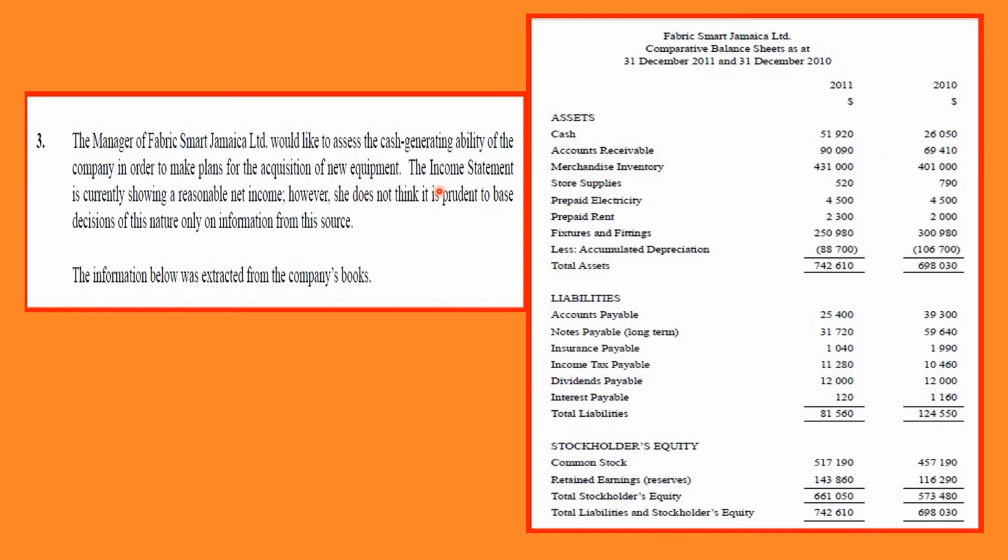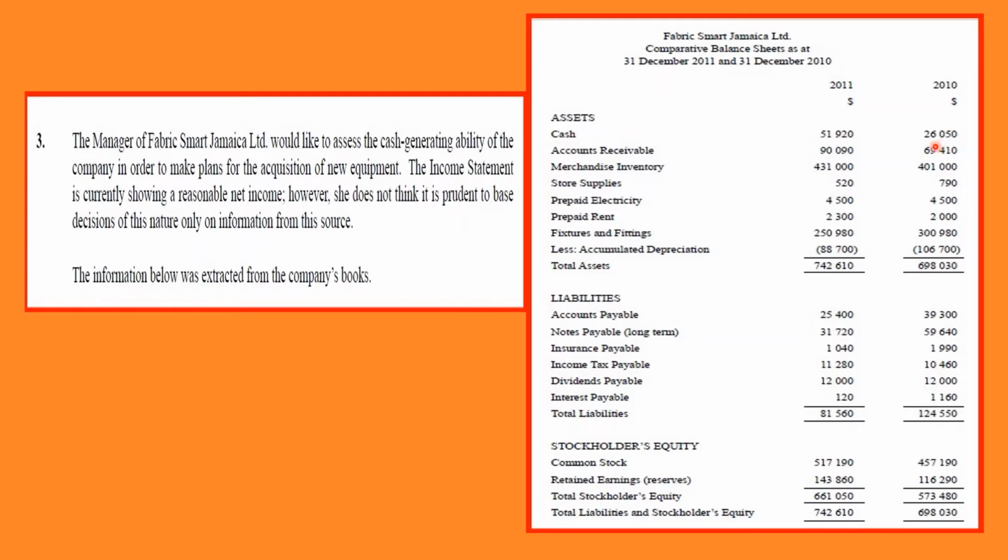And if you want to find out if you have enough cash to acquire new equipment, if you have enough cash passing through your business, then what you have to do is look at your cash flow statement and assess that situation.